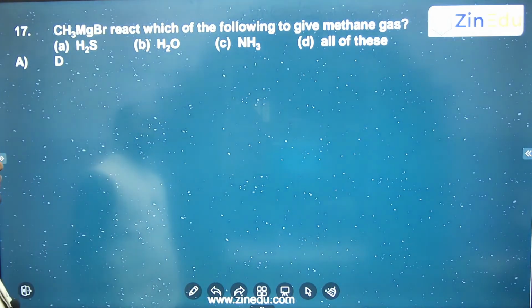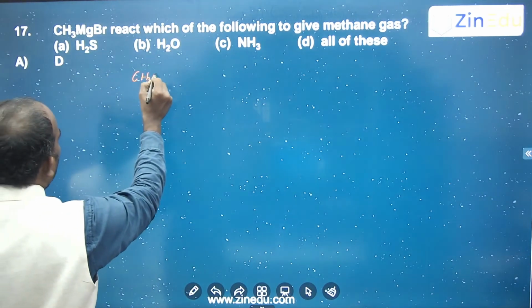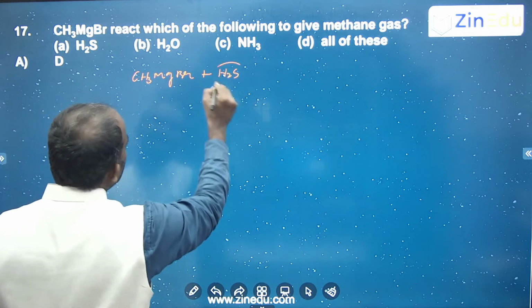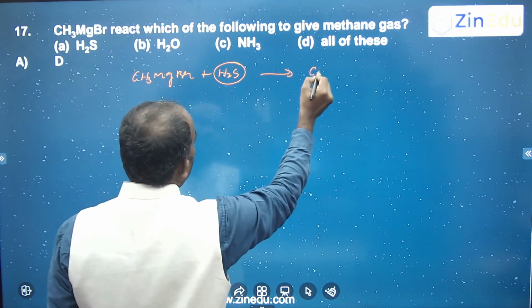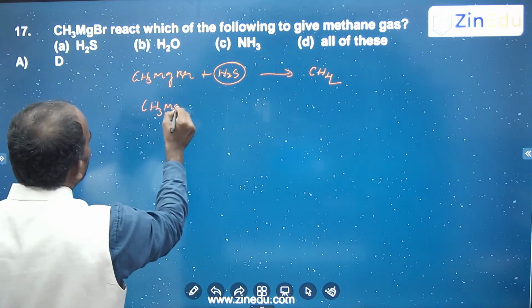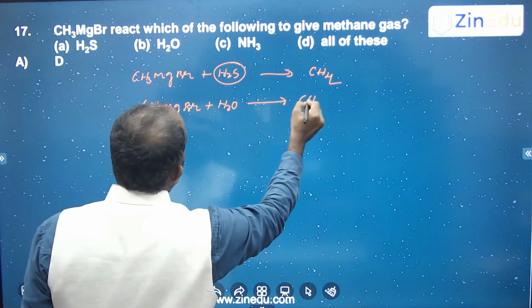CH3MgBr reacts with the following to give methane gas. CH3MgBr, when it reacts with H2S, which has the tendency to release H plus, can be converted to methane. Here CH3MgBr, when it reacts with H2O, gives methane gas.